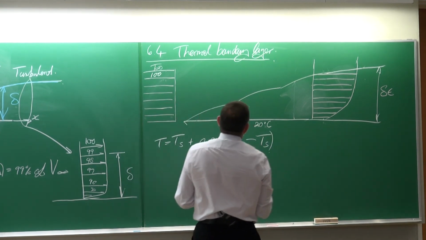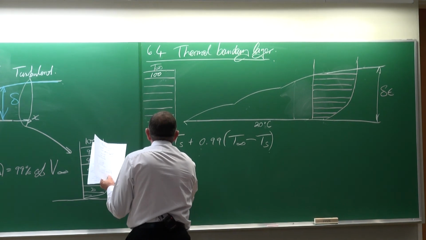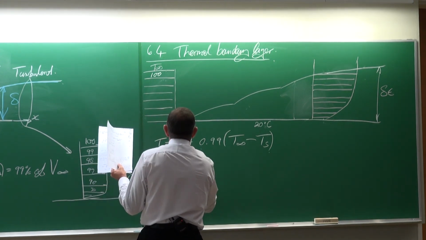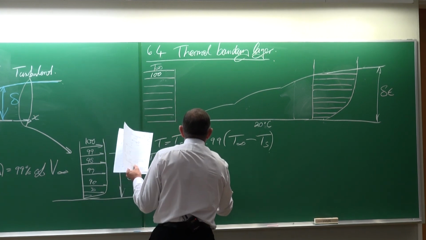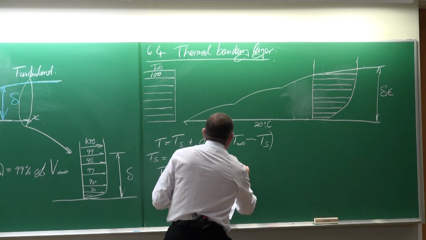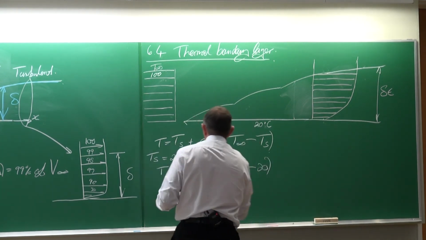So let's suppose Ts is 20 degrees Celsius. Then the temperature is going to be the temperature of the surface, which is 20, plus 0.99 multiplied by (100 minus 20).